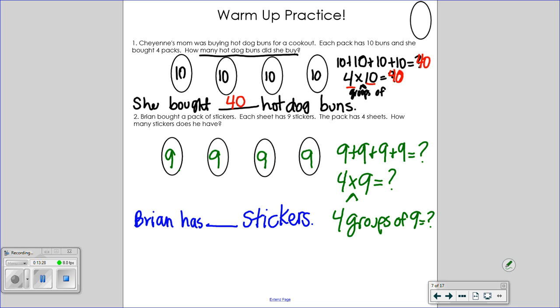I highly recommend that you do your doubles. 9 plus 9 is 18. 18 plus 18.